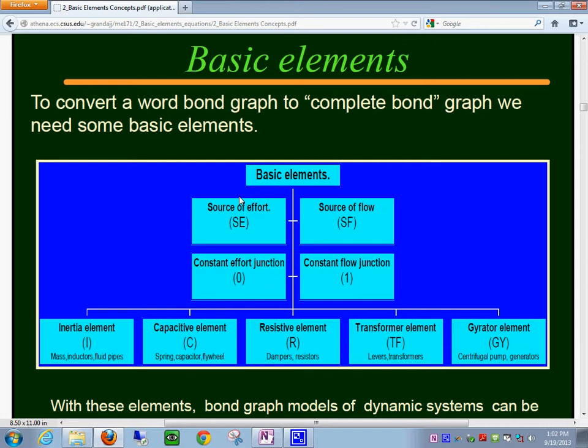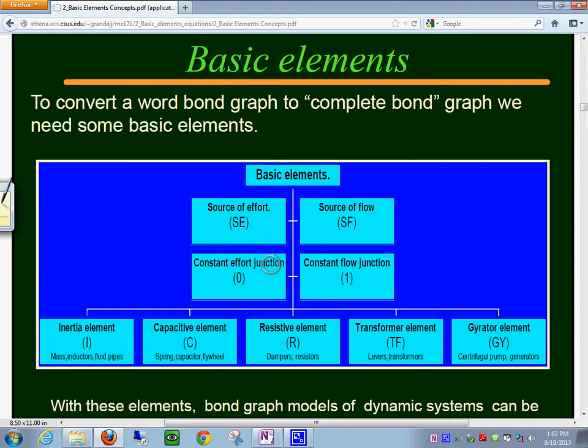Of course, there will be some combinations between them, but 9 elements that are distinct. You have in here the two sources. You could have either a velocity source or a force source. Okay.